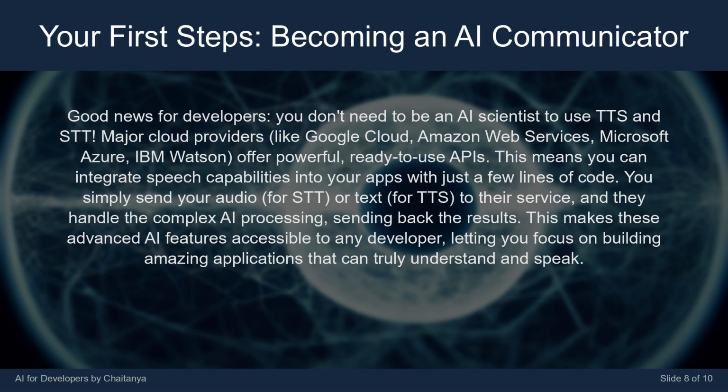This means you can integrate speech capabilities into your apps with just a few lines of code. You simply send your audio, for STT, or text, for TTS, to their service, and they handle the complex AI processing, sending back the results. This makes these advanced AI features accessible to any developer, letting you focus on building amazing applications that can truly understand and speak.